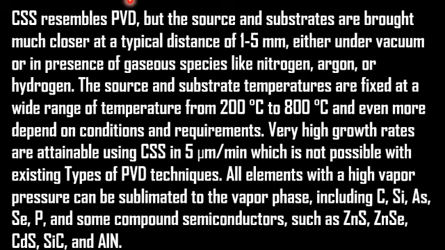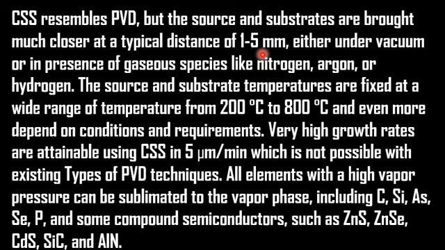Dear student, the key point to notice here is that the source and the substrate in closed space sublimation are brought very close to each other, and the distance between the substrate and the source material is around 1 to 5 millimeters.